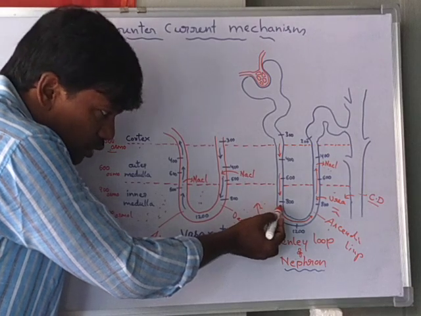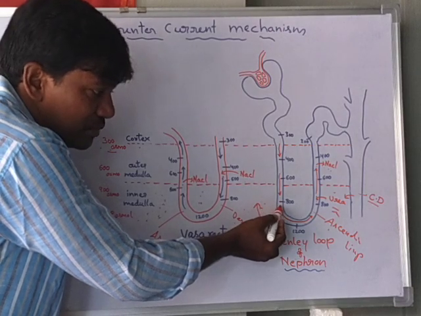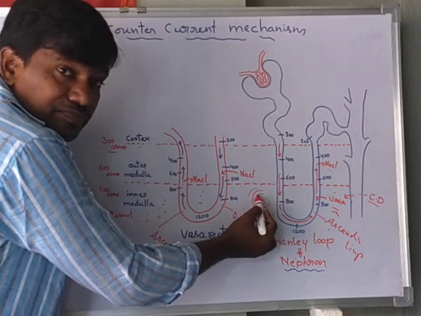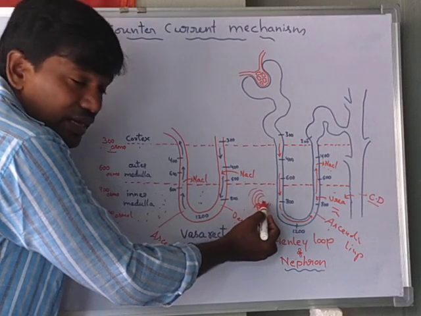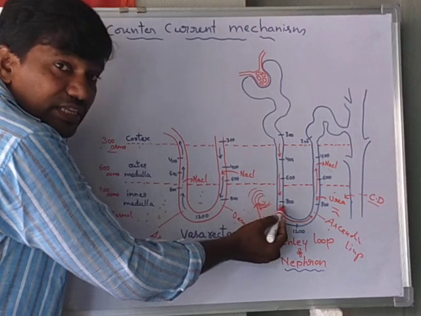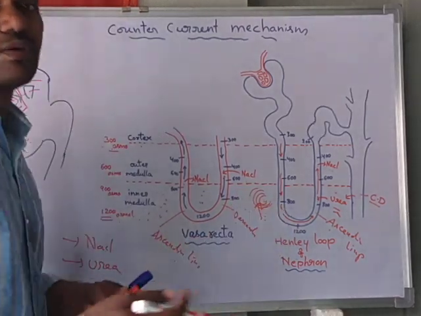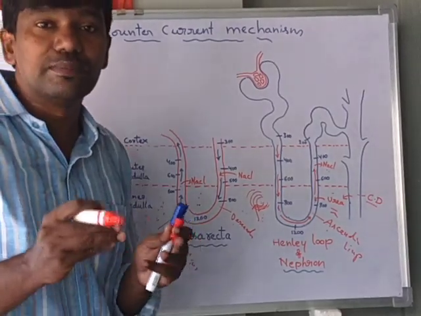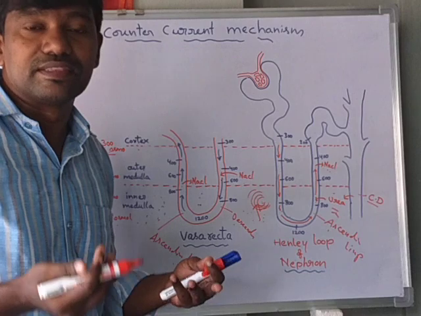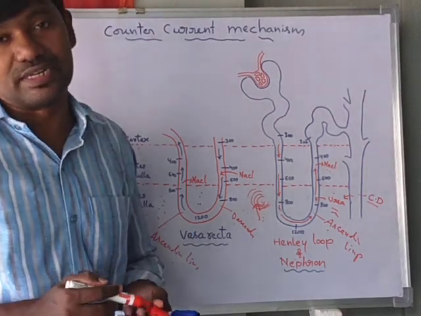A lot of water will come from the renal fluid into the interstitial fluid. Then the renal fluid becomes concentrated, with only salts present in the filtrate fluid. That makes the urine concentrated.